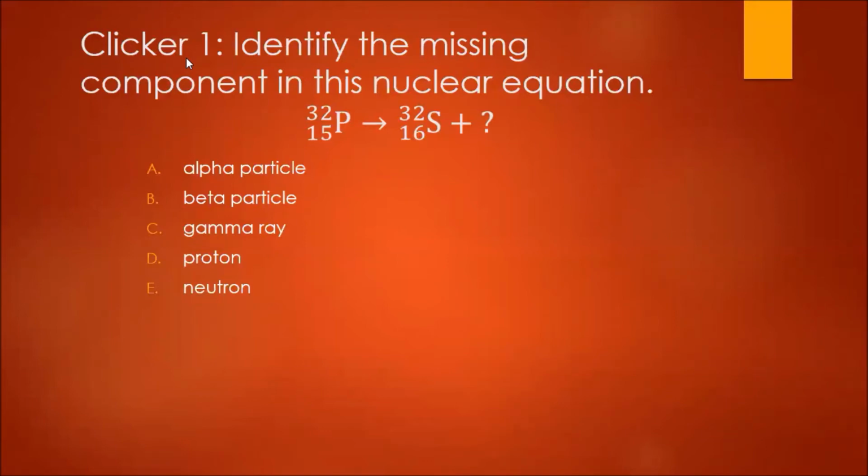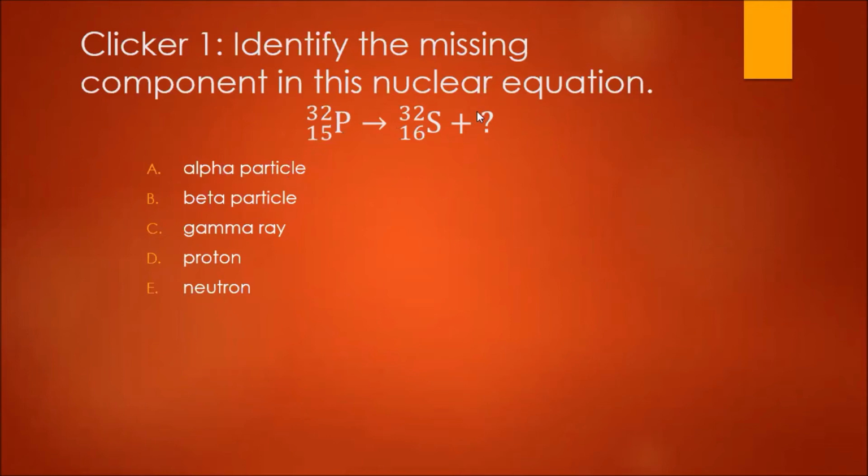Okay, so we need to have something that has 0 mass but a -1 charge. So that's 16 plus -1 comes from 15. The answer should be B. A proton would have 1 mass and 1 charge.